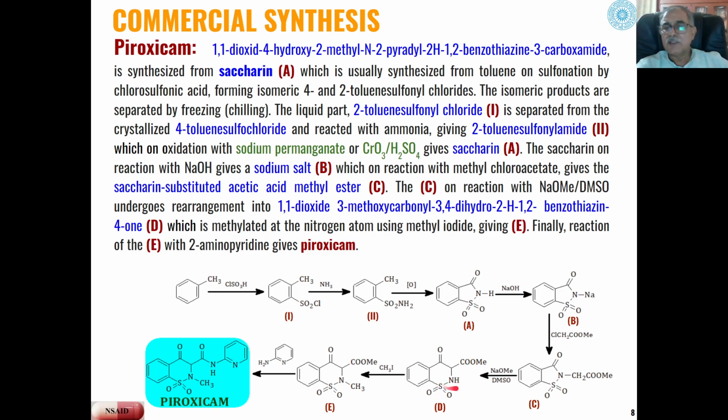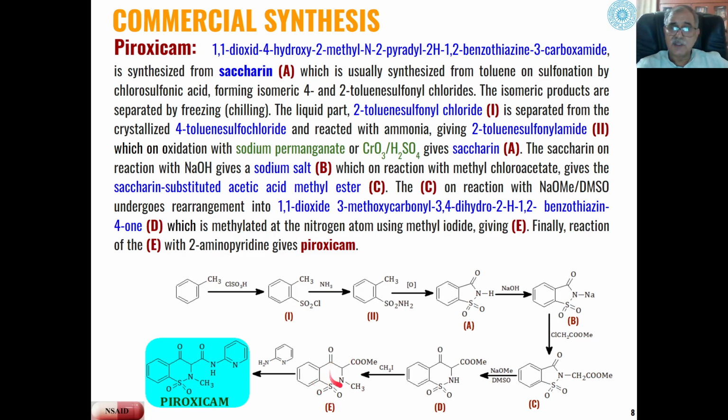Then this benzothiazine derivative will react with methyl iodide, so N-methylation will take place, and the N-methylated benzothiazin-4-one will be formed.